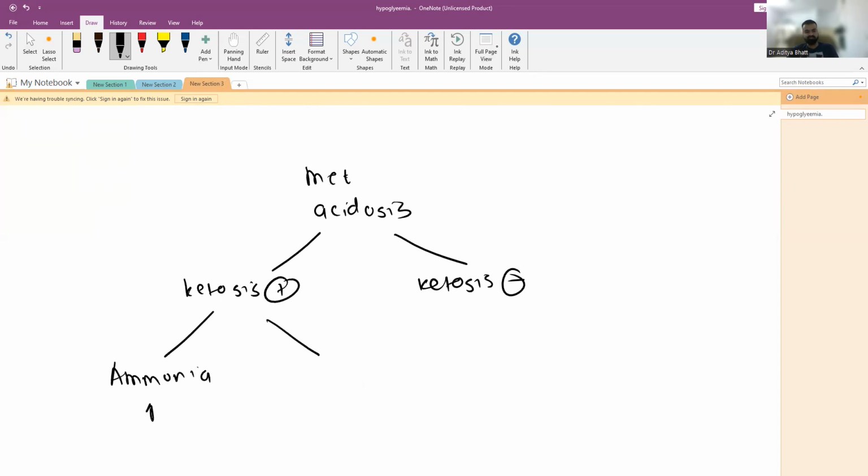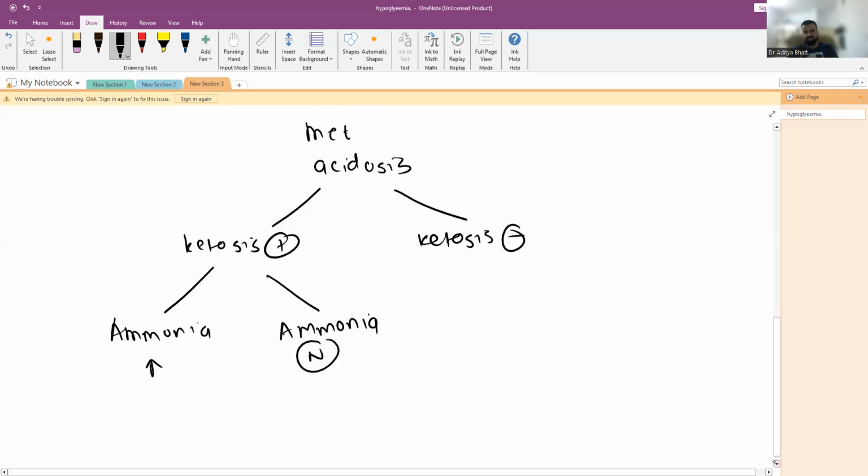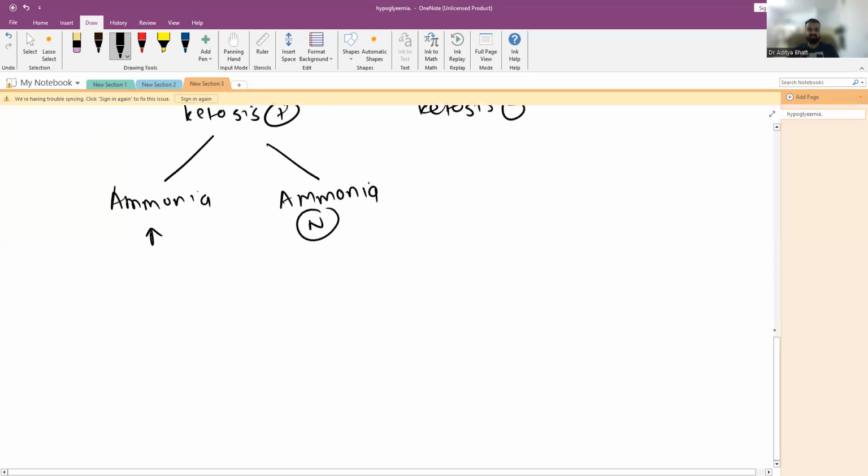In ammonia, if the ammonia is high or if the ammonia is normal. Now again, if the ammonia is high, the next investigation you go for again is the lactate. And if the lactate is increased with high ammonia and ketosis, the deficiency is specifically proximal urea cycle pathway defects.